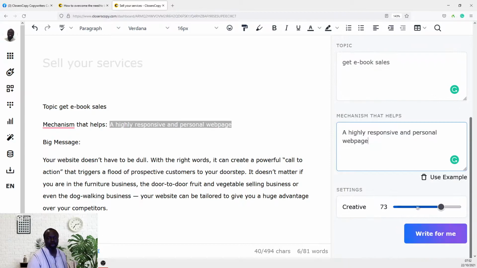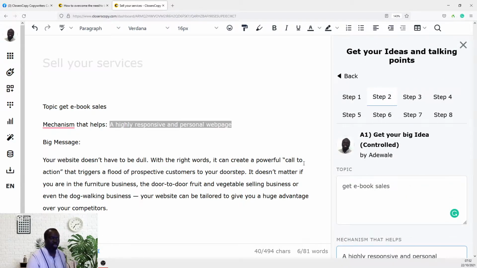Okay. So the first step was just a creative process where you only know the topic. If you only know the topic, you go to step one. If you know the topic and you already know the mechanism that you are using to help people achieve their goals, you go to step two.